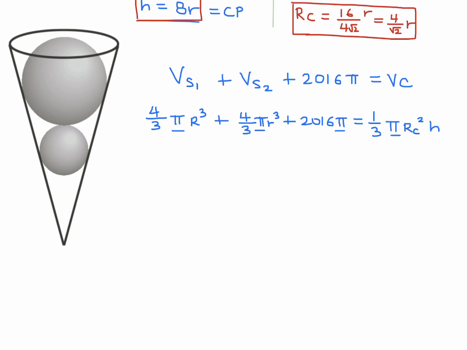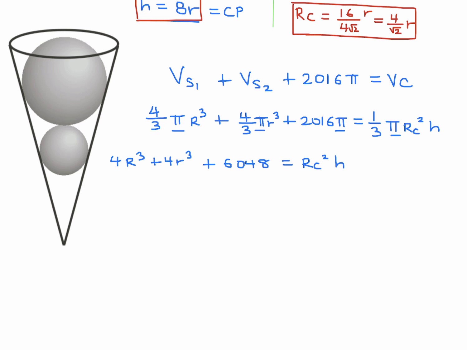And then we can multiply through by 3, and that will get rid of the fractions. So when you do all that, you will get 4r cubed plus 4 small r cubed plus 6048. Remember, I'm multiplying through by 3. And this gives me just RC squared H. Okay, great.